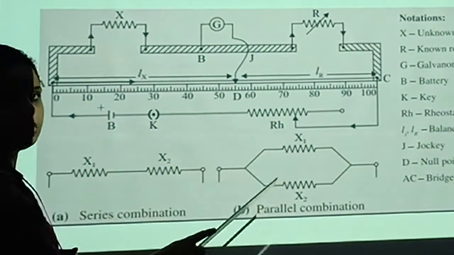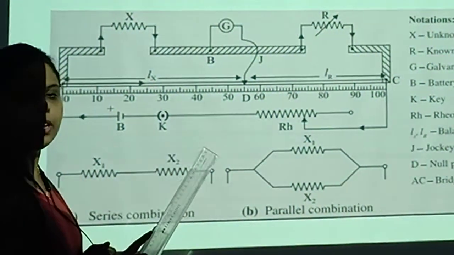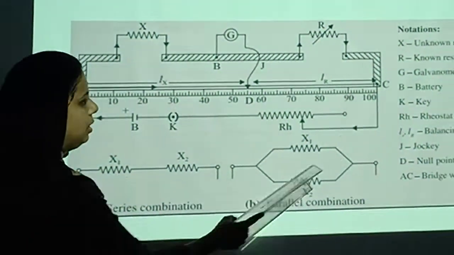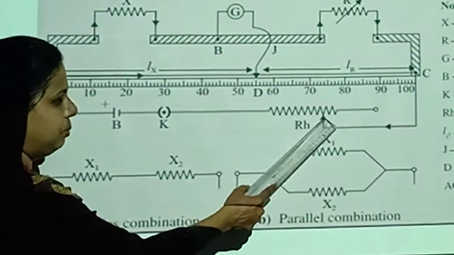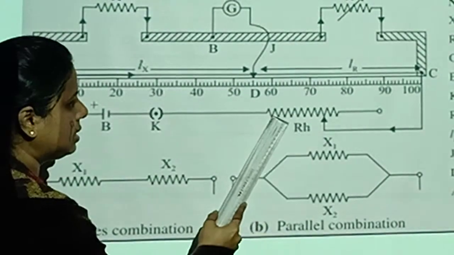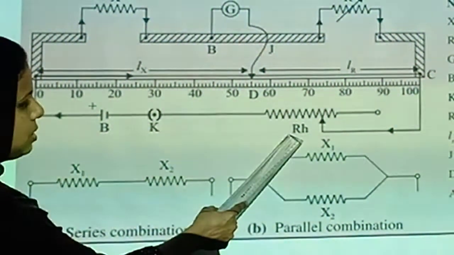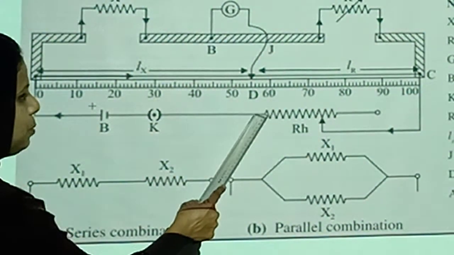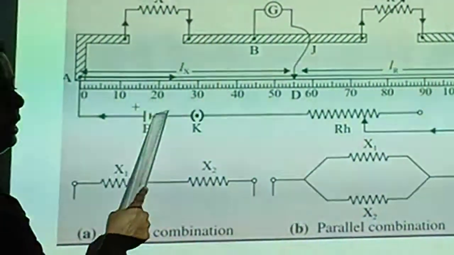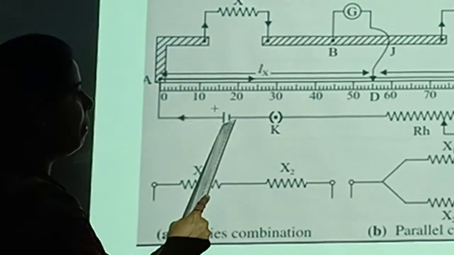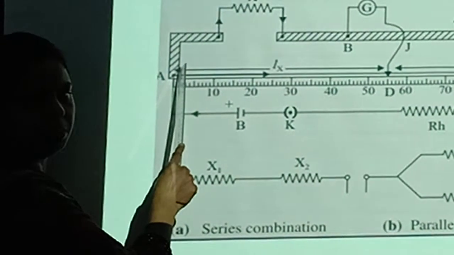The rheostat has 3 points, 2 fixed points and 1 variable. This arrow means the variable terminal of the rheostat. The symbol is RH. The fixed point of the rheostat should be connected to the battery negative, and the battery positive terminal will be connected to the A terminal.